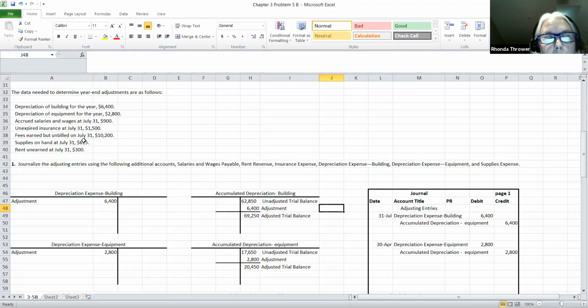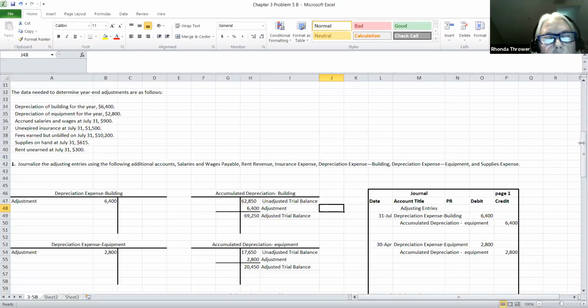So at the end of the period, we've got to update our fees earned account as well as our accounts receivable for the amount of unbilled fees to our customers.